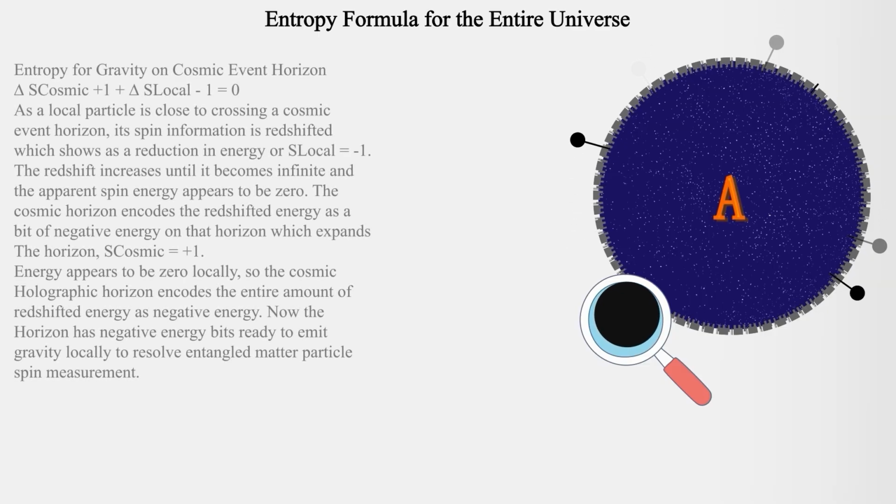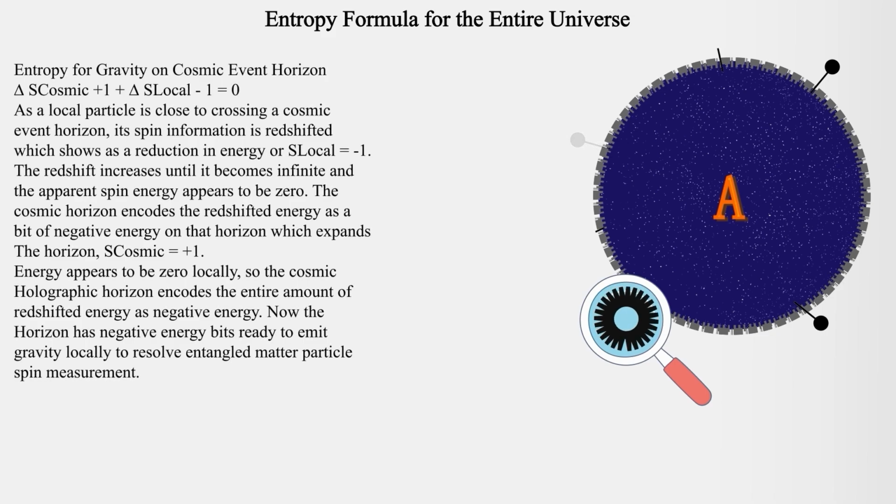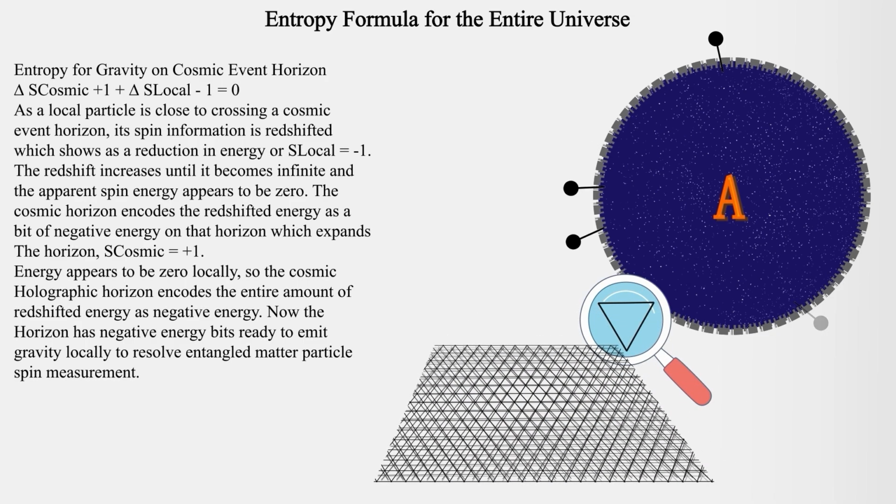As a local particle is close to crossing the cosmic event horizon, its spin information is redshifted, which shows as a reduction in energy, or S local equals -1. The redshift increases until it becomes infinite, and the apparent spin energy appears to be 0. The cosmic horizon encodes the redshifted energy as a bit of negative energy on that horizon, which expands the cosmic horizon by +1 unit.